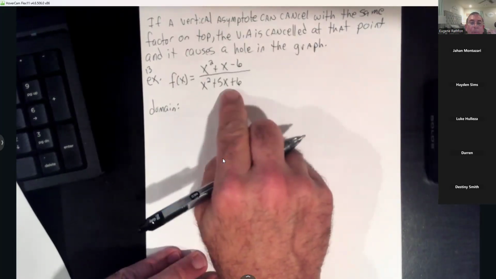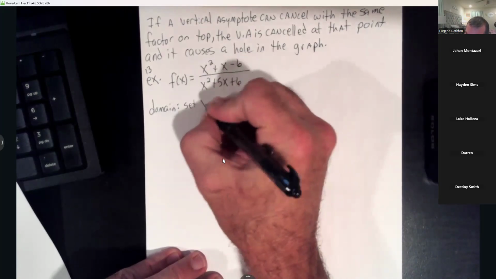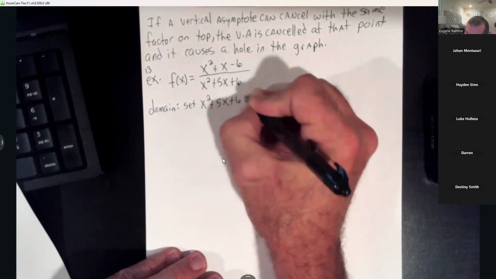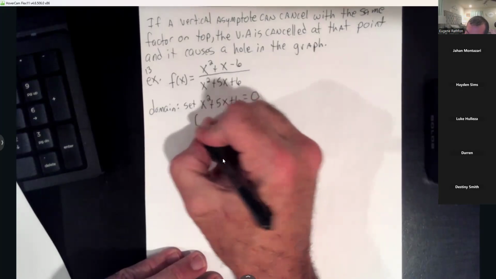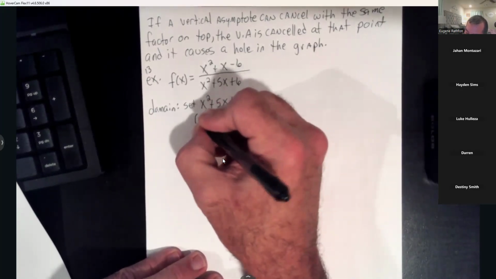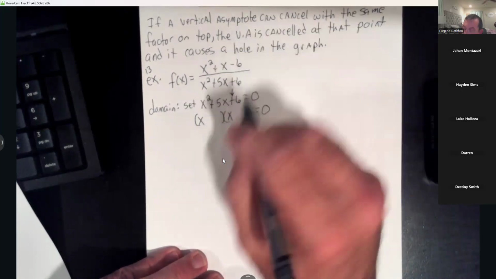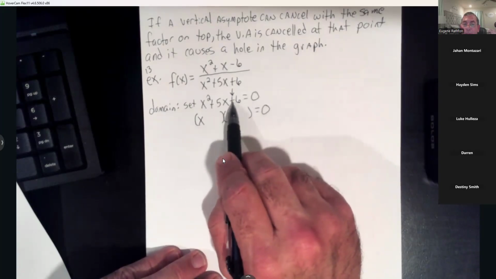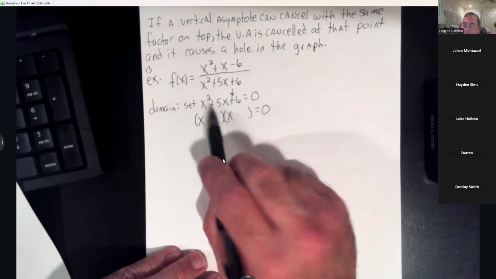So to find a domain, we're going to set the bottom equal to 0. I'm going to solve this by factoring. So the x squared is an x and an x. Y'all, look here. This last number is positive. If the last number is positive, both of these factors will have the same sign as the middle number.